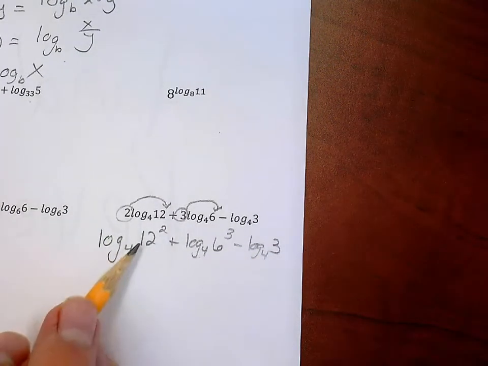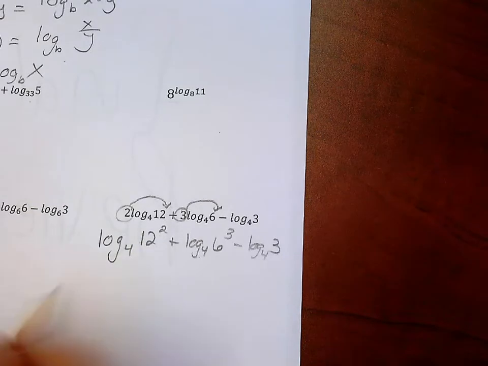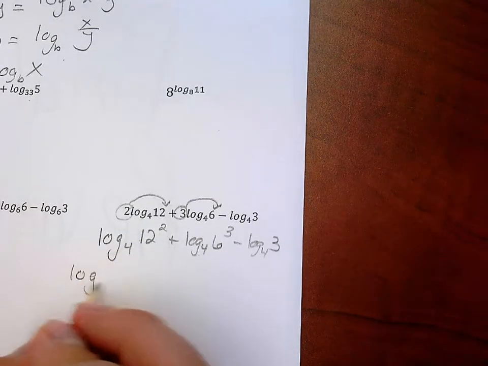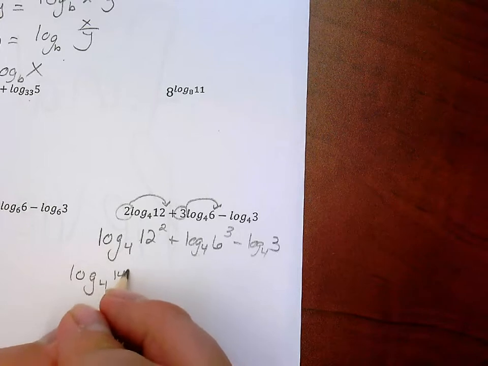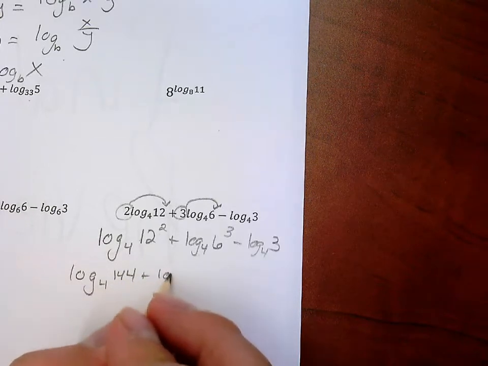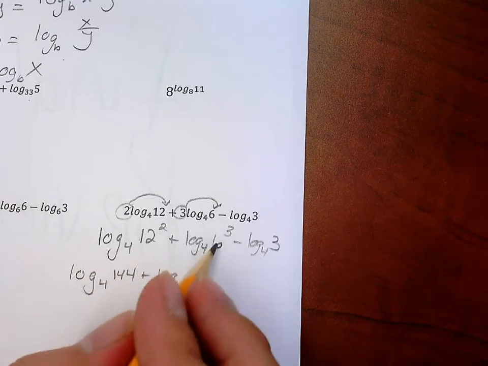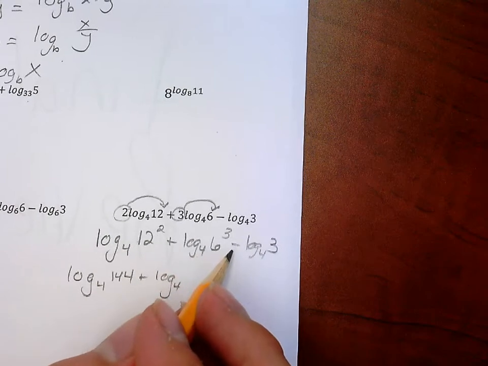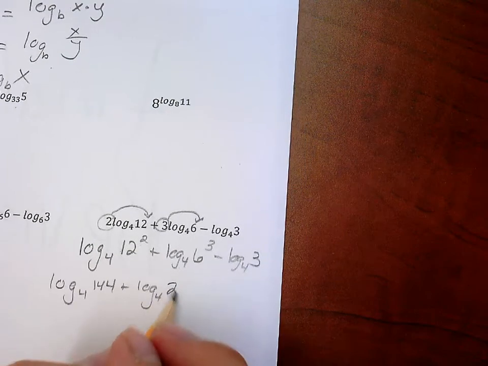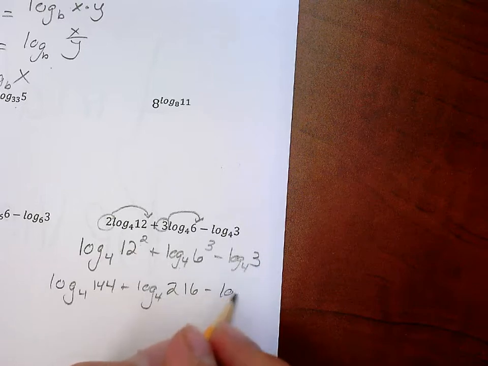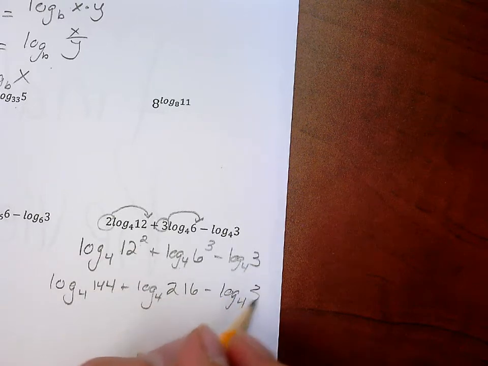So first, let's figure out what 12 squared is. Well, I know 12 times 12 gives me 144. Plus log base 4 of 6 to the 3rd power. 6 times 6 is 36. That times 6 is 216. Minus log base 4 of 3.